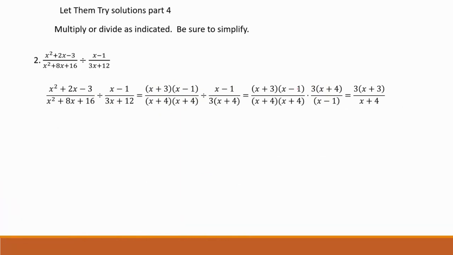Since we're multiplying, we can cancel. So the x minus 1s are going to cancel. And so we also lose an x plus 4, right? So all we're left with is 3 times x plus 3 over x plus 4. So that's what we get here. All right, that's good. Are there any questions on this?